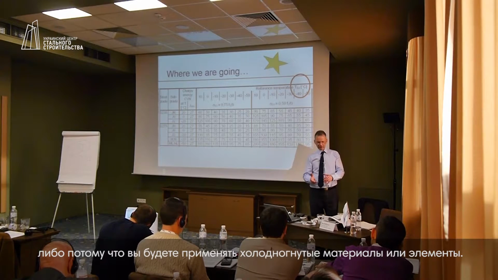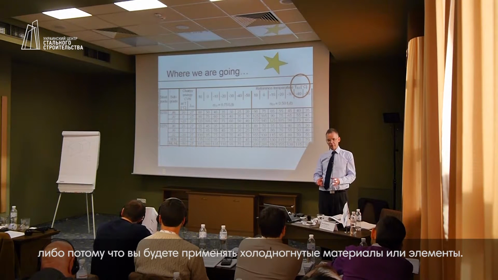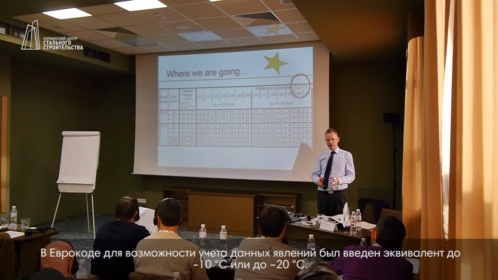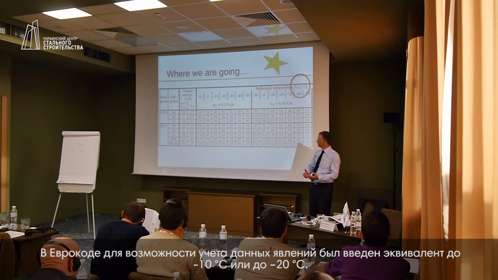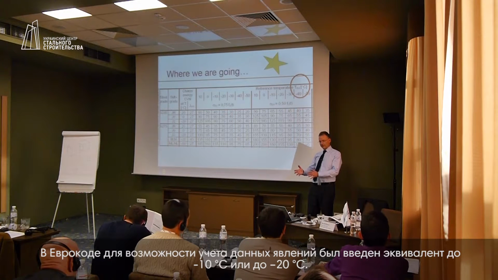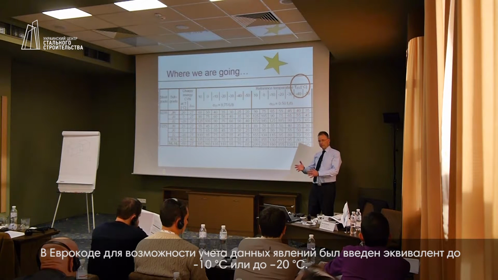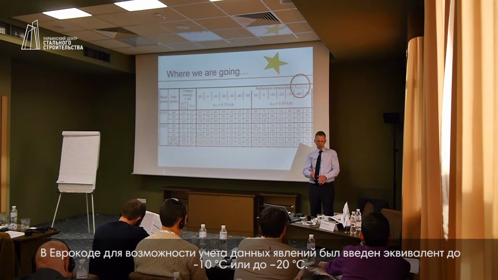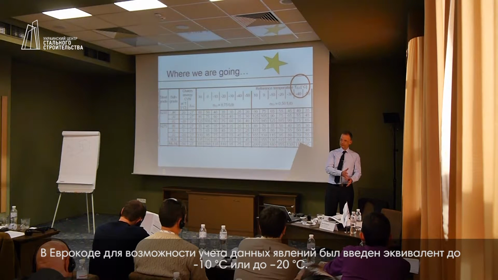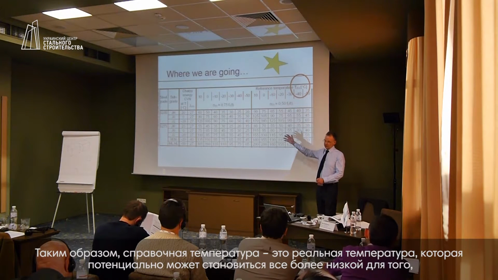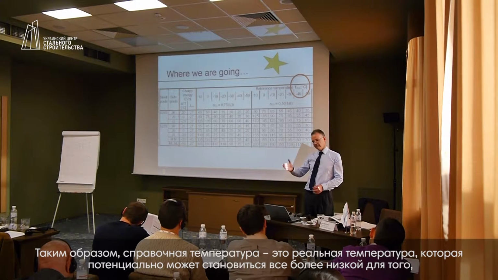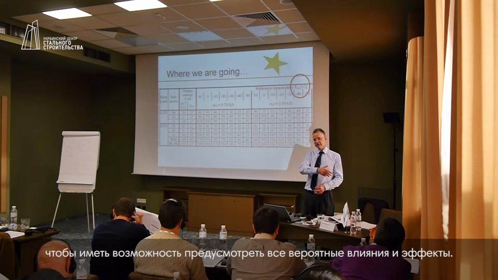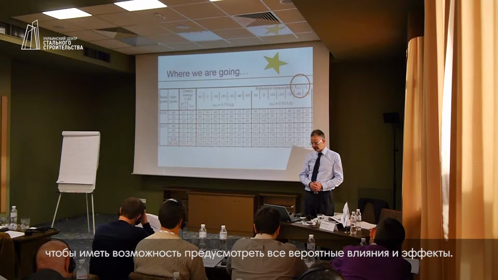Perhaps it has been shifted lower because you are going to cold form the material. So within the Eurocode, for each one of those sorts of operations, the Eurocode says, well, that's equivalent to moving minus 10 degrees or minus 20 degrees. So the reference temperature is the real temperature, but potentially you've moved it colder and colder to allow for these other effects.